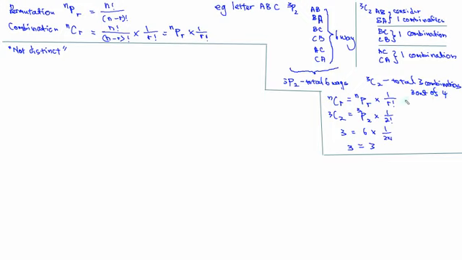Okay, then it becomes 4C3, and then you got 4P3 times 1 over 3 factorial. Okay. So this is how you use it to understand why there's a need to divide by 3 factorial.